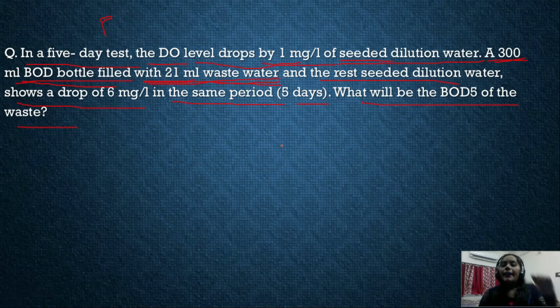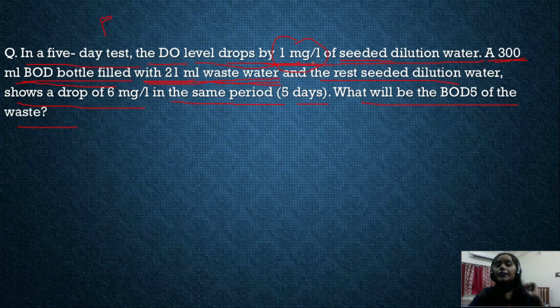Of course, if we subtract the final value from the initial, initial minus final, that will give you the consumption of dissolved oxygen, the decrease of dissolved oxygen. That means this is D, this is the value of initial minus final.